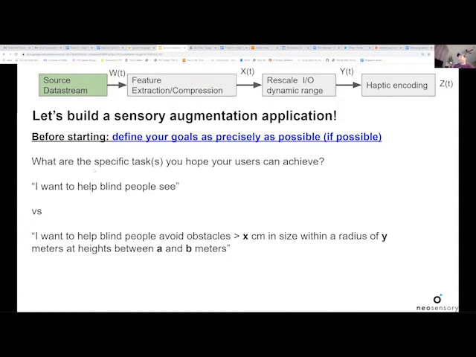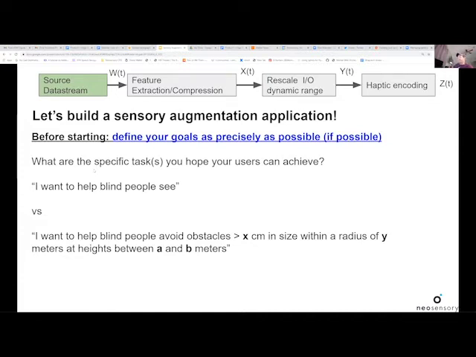All right, so let's start digging in. Before we get started, I promise we'll have some more concrete examples. I'd say the first thing to think about though is now that you've picked your source data stream or you have a rough idea of what you want to do, the more precisely you can define your goals, generally the better, but not required.